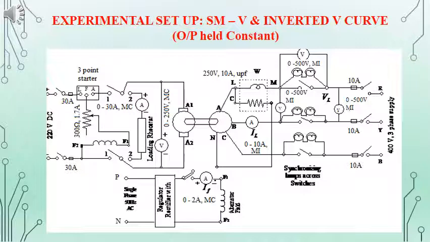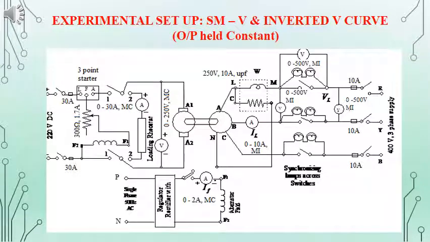As we know, the machine will be connected to the infinite bus. Here we have the 3-phase supply on the right side, and since the synchronous machine is operating as a generator, there will be an induced EMF, and we can synchronize the machine with the AC supply and close the synchronizing switch.